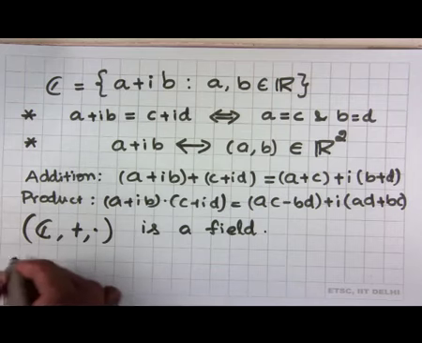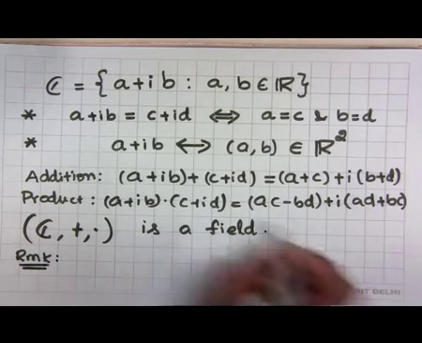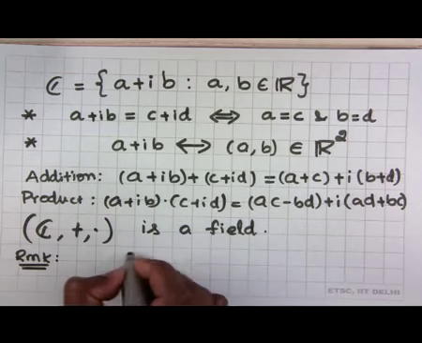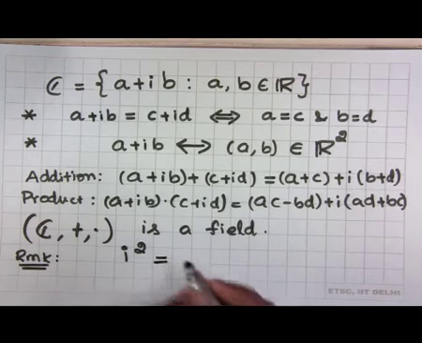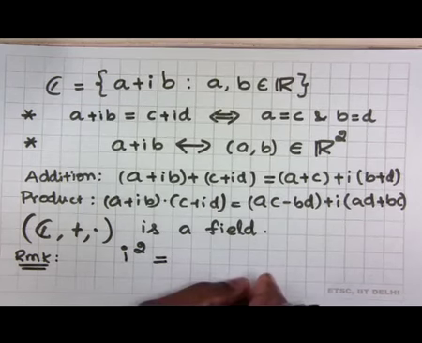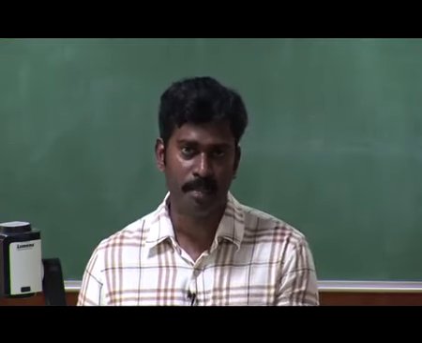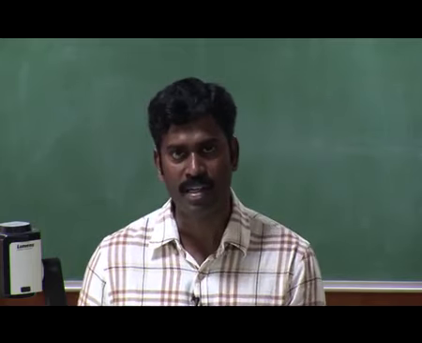And what are the other remarks we noticed? Considering this as the product in the complex number system, we observed i square. If you remember, though we started with i as an imaginary number, we identified it in the plane as 0 comma 1, which means it is no more an imaginary number.